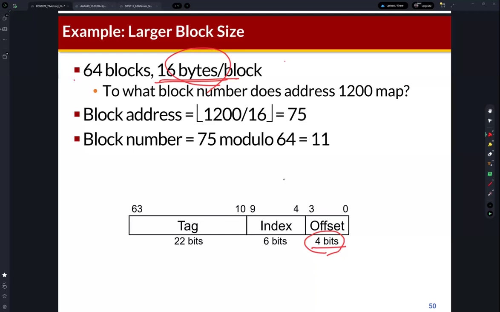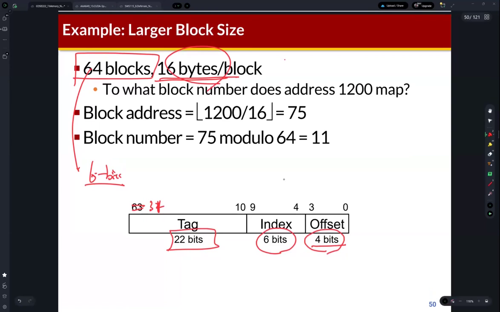And then this cache includes 64 blocks, which means we require 6 bits for cache index. So the next 6 bits are used as the index bits. The remaining bits are used as the tag of cache. Okay. So we can also use the larger block cache.